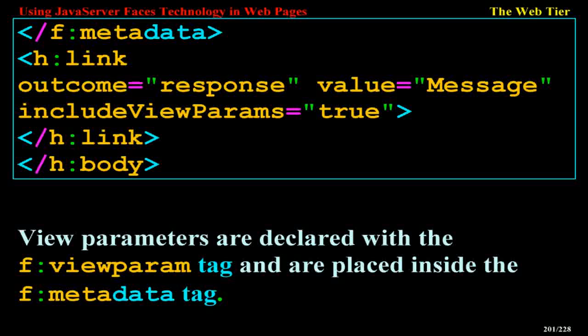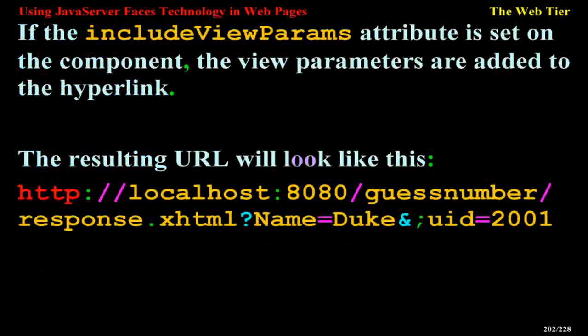View parameters are declared with the f:viewParam tag and are placed inside the f:metadata tag. If the includeViewParams attribute is set on the component, the view parameters are added to the hyperlink. The resulting URL will look like this: http://localhost:8080/guessnumber/response.xhtml?Name=Duke&UID=2001.